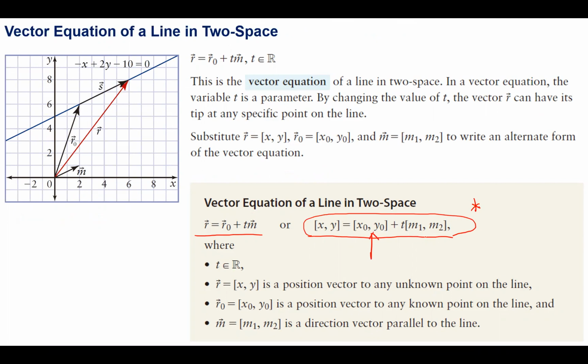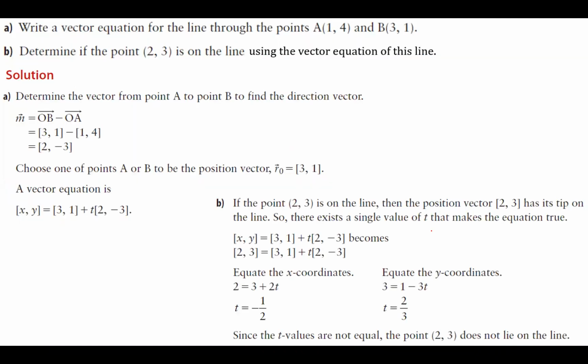And t times a direction vector of this line. So now here we know a direction vector of this line, which is 2, -3. And we also know that a point on this line, the position vector of this point is 3, 1, right? So we know r naught and direction vector m.